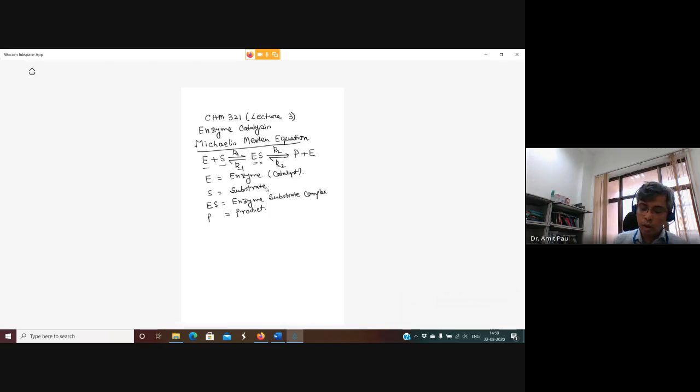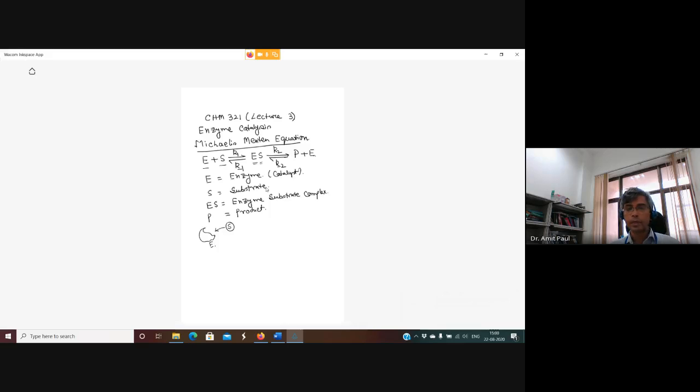Okay, so basically what happens in this case is that enzymes have certain sites where the substrate can bind. In a simple way, this is basically the enzyme site where the substrate comes in and binds, and forms the enzyme substrate complex. Okay, so that is the important part to understand.